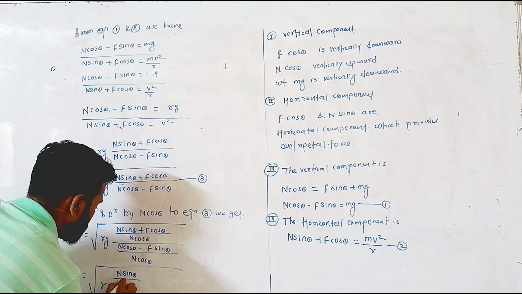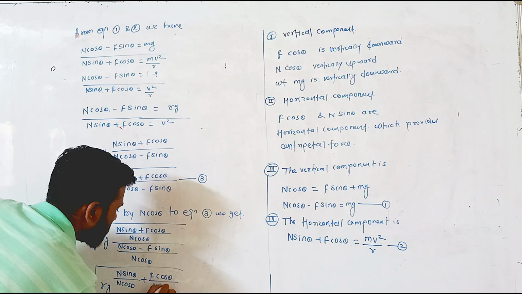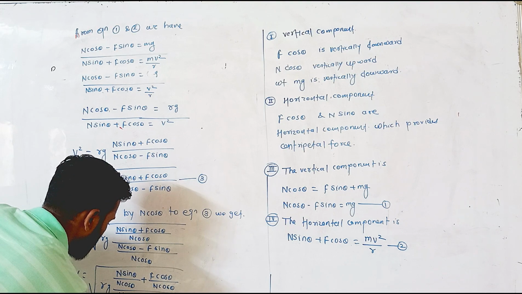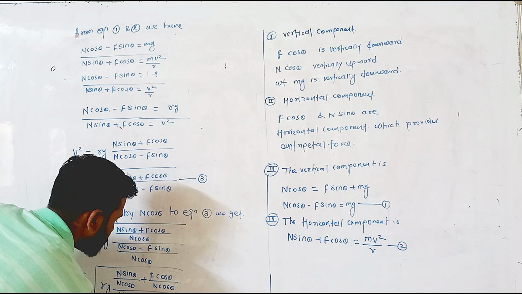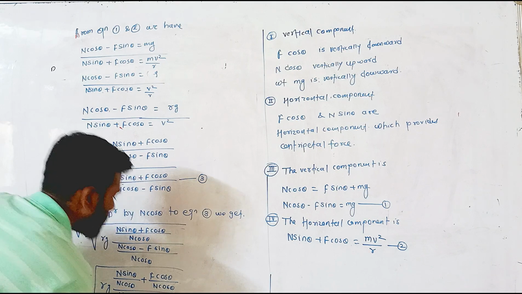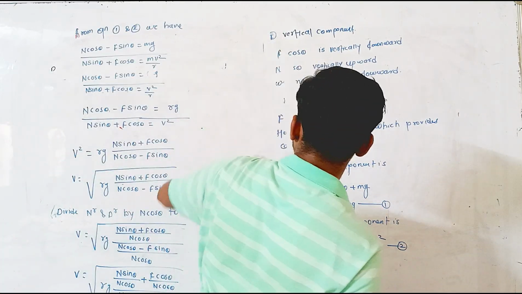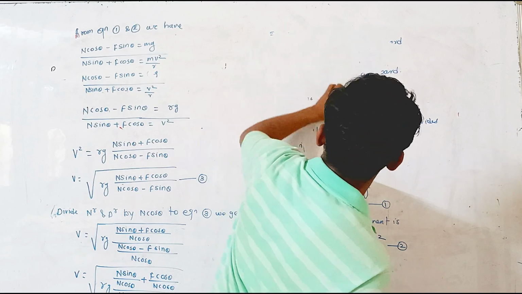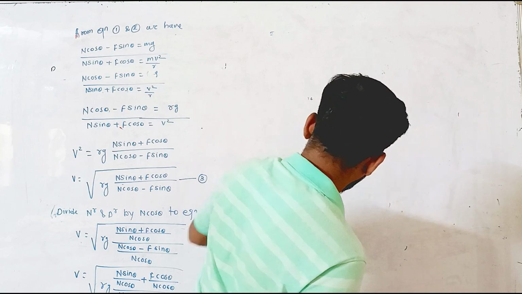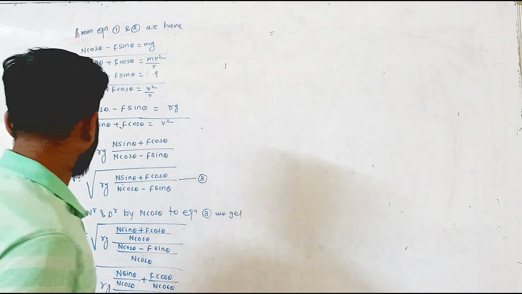We separate this n sin theta upon n cos theta plus f cos theta divided by n cos theta, again divided by n cos theta minus f sin theta upon n cos theta.